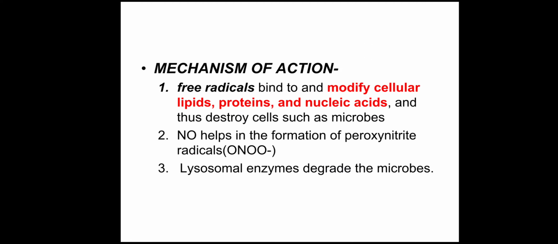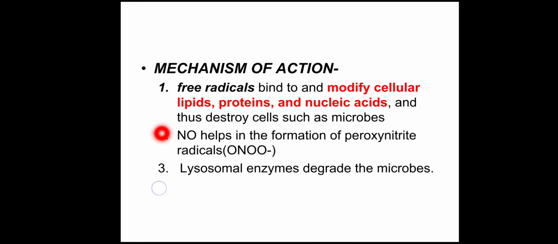Now what is the mechanism of action of these three components? First is free radicals. They are highly reactive and they bind to the various cellular components of the microbe, like lipids, proteins, and nucleic acids, and thereby destroy that cell.